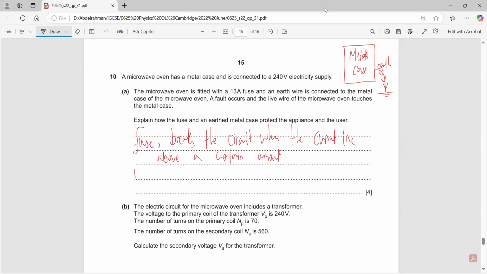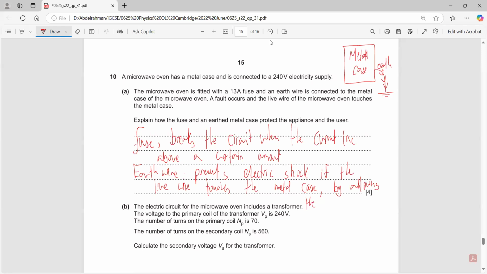So the earth wire prevents electric shock if the live wire touches the metal case. How does it do that?